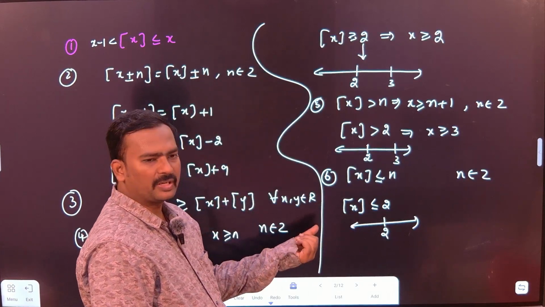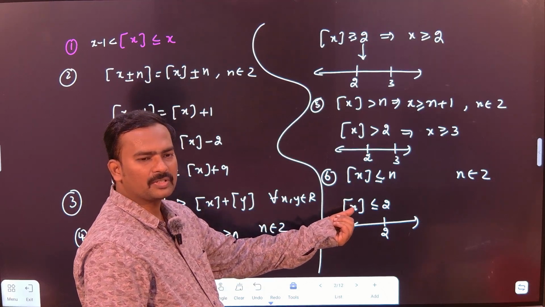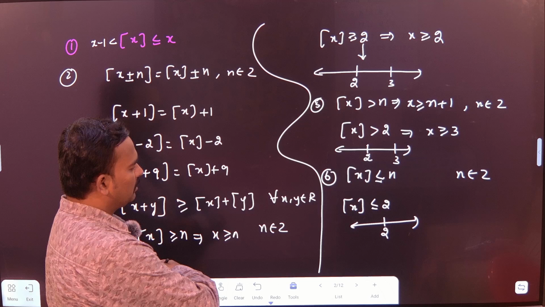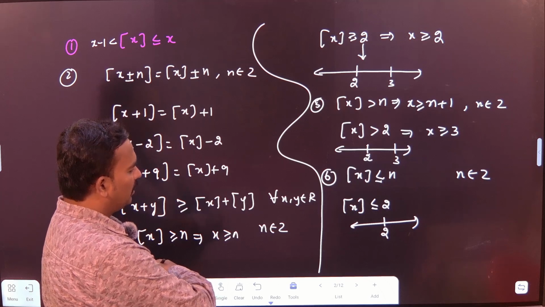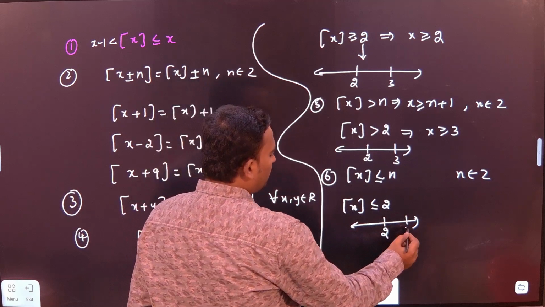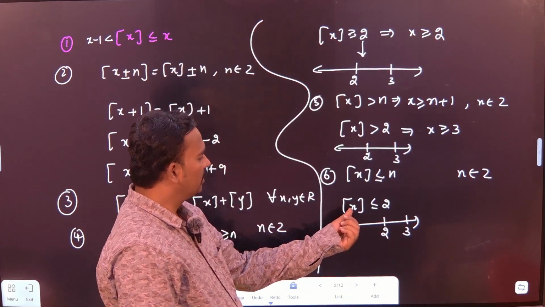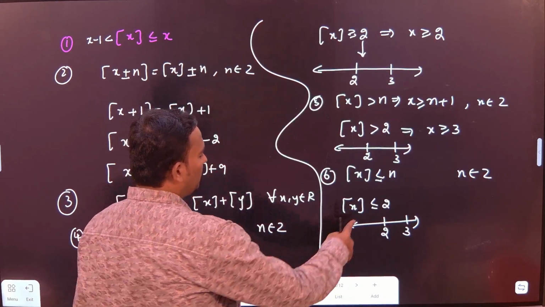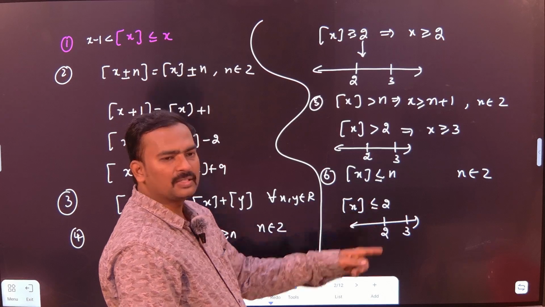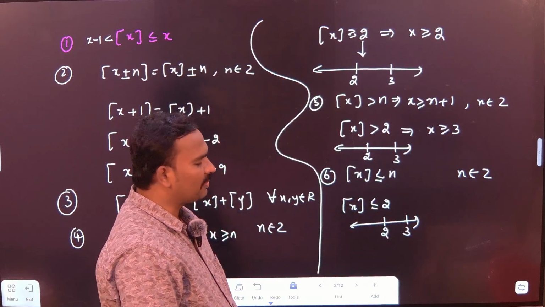Let's take less than 2, say 1.5. The greatest integer function of 1.5 is 1. 1 is less than or equal to 2, it's possible. Now let's take more than 2, between 2 and 3. 2.5 has greatest integer function 2, and 2 is less than or equal to 2, possible. If I take 3, 3 is not less than or equal to 2, not possible.